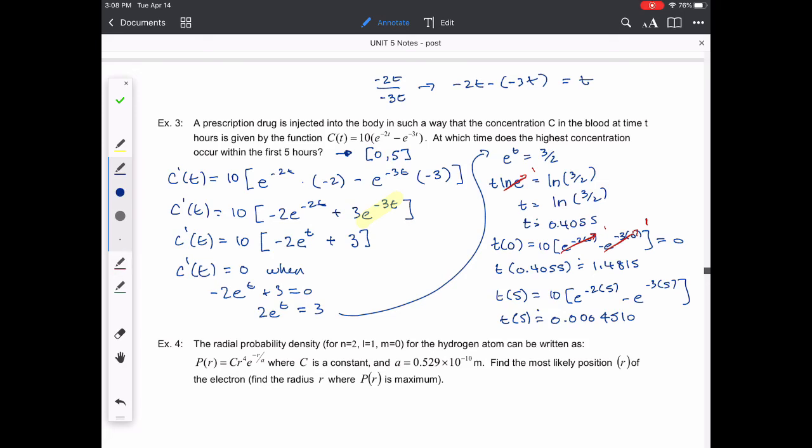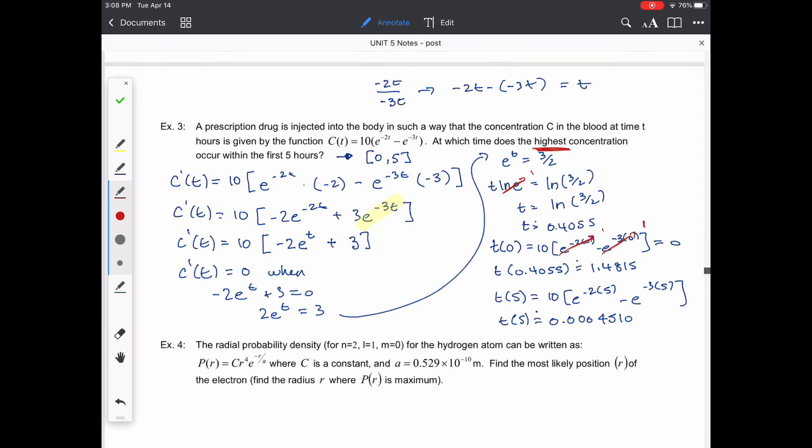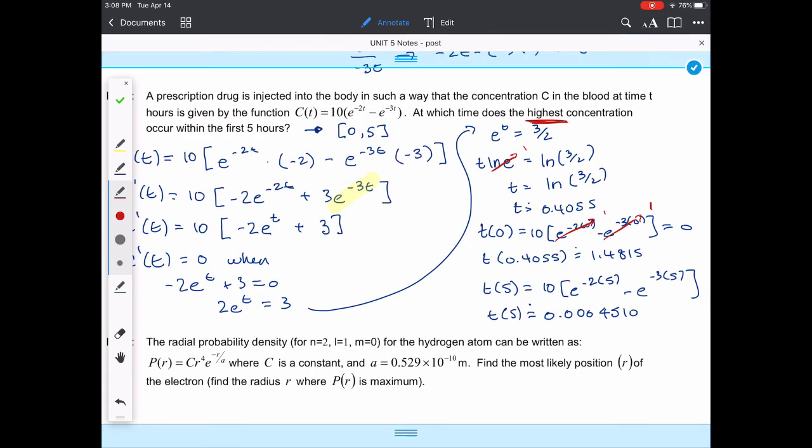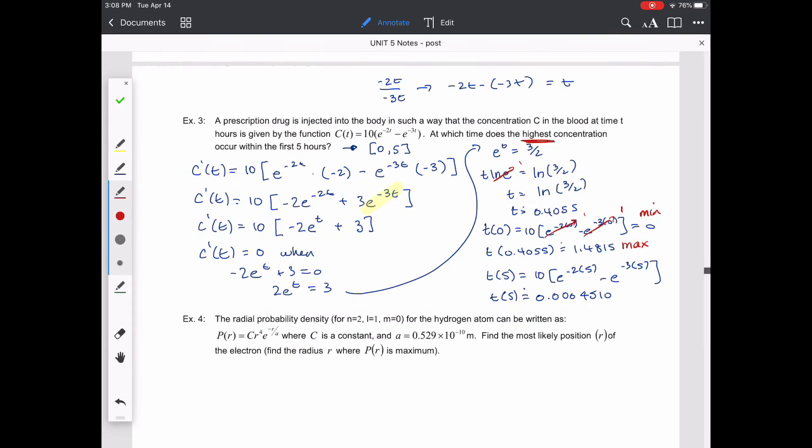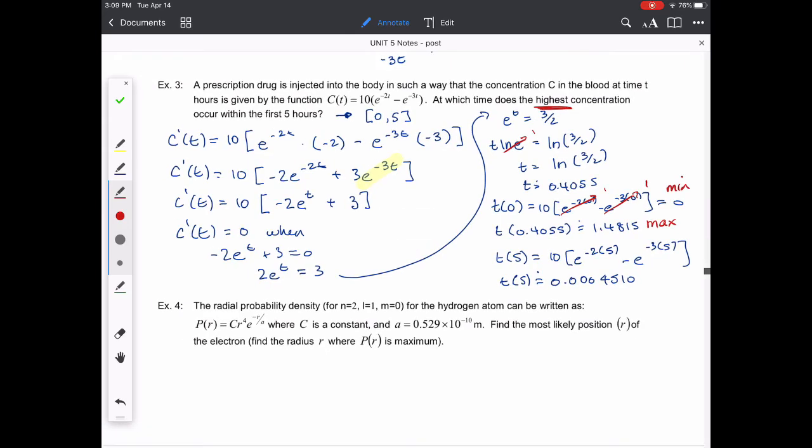So if that's the case, we want to know when it's the highest concentration. So the highest concentration will be here. This will be our max. And it makes sense that this is our min. Assuming that we haven't taken the drug ever before, there should be 0 concentration in our bloodstream. And then 5 hours later, it's dissipated. So that also would be a min.